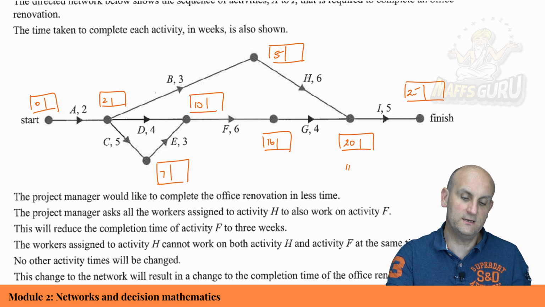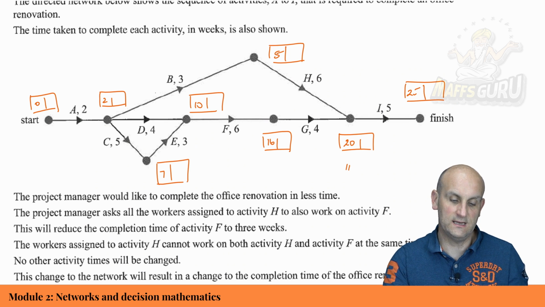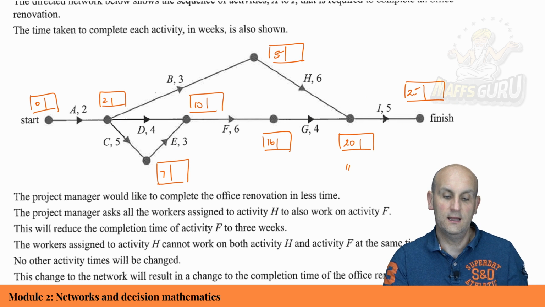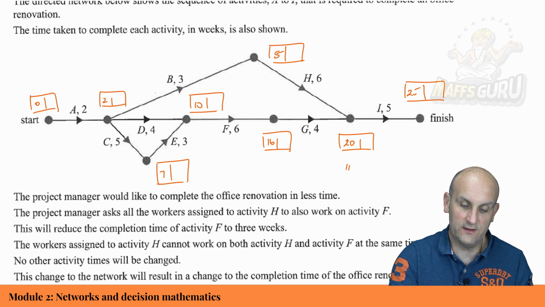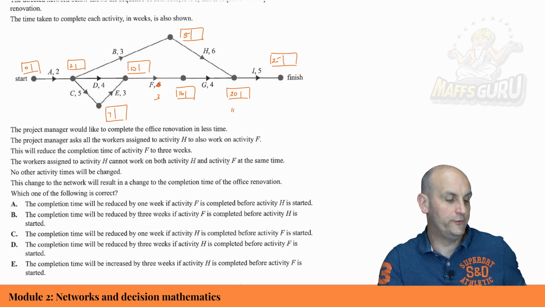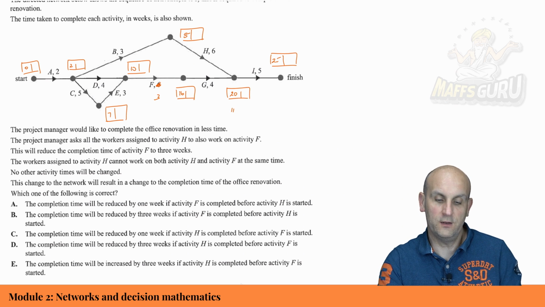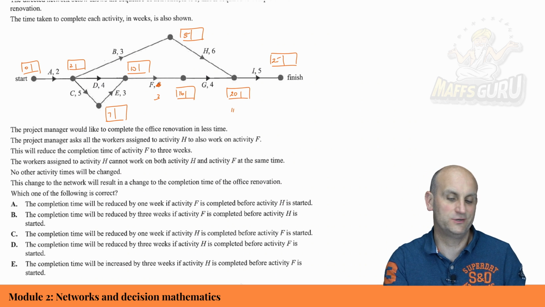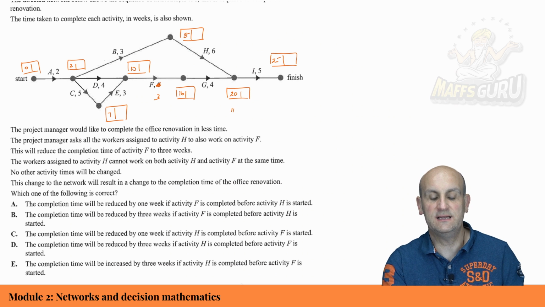Obviously, with the project manager wanting to shortcut or cut things down, first things first, he says, well, actually, this value here can change to 3. And then they're giving the people from H to F. So basically H can't start until F is now finished.